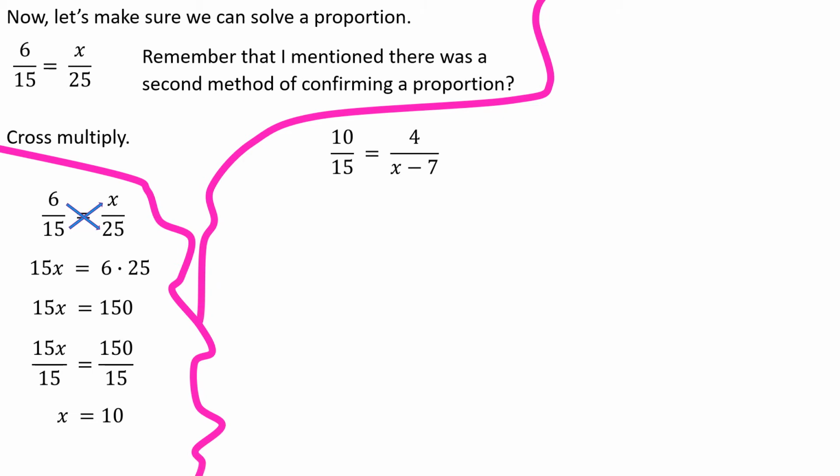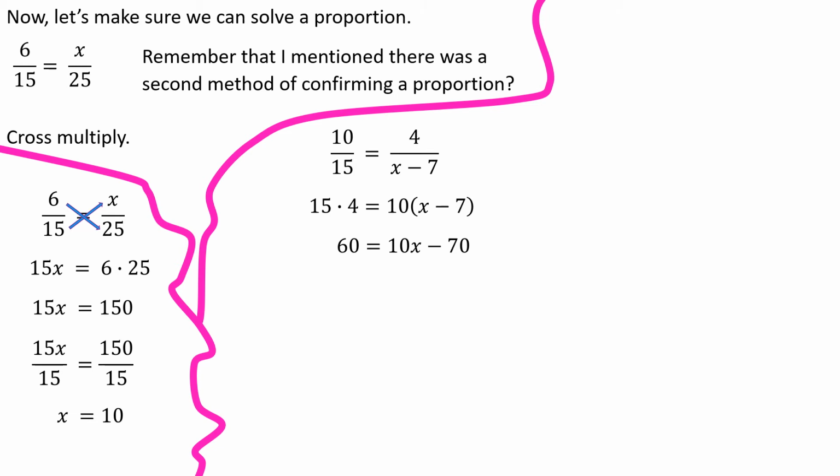Ooh, good. Another example. Well, 15 times 4 is one cross product. 10 times the quantity x minus 7 is the other one. Set them equal to each other. 15 times 4 makes 60.